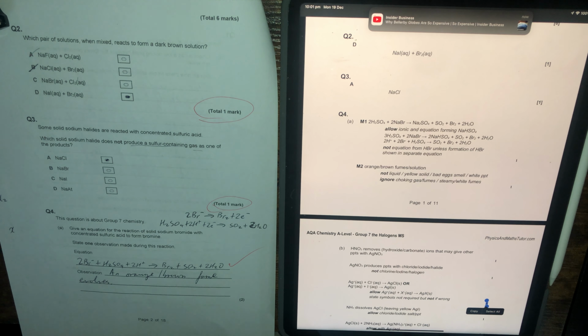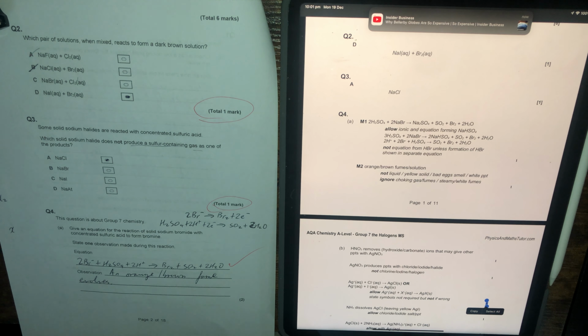2A now. So that was the suggested test, and then stage 2 is expected observation and conclusion. Silver carbonate will fizz with an acid. Silver carbonate will produce an effervescence of gas as it reacts with nitric acid. 2B, silver chloride will give a white precipitate.